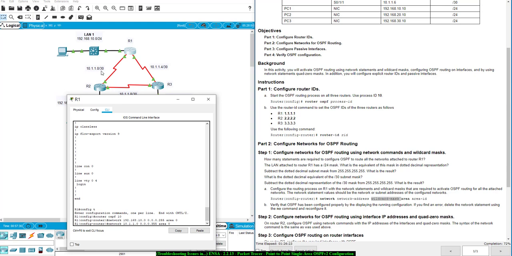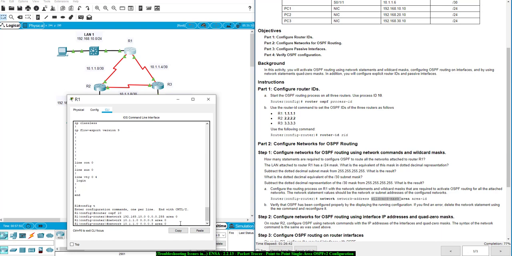Take off that last 255. Make sure all your spacing is correct. So network 10.1.1.0 space 0.0.0.3 space area 0. And we just told it what two networks are on there.